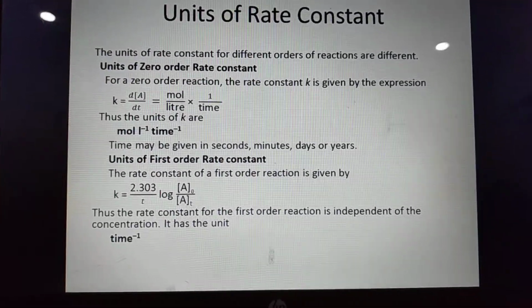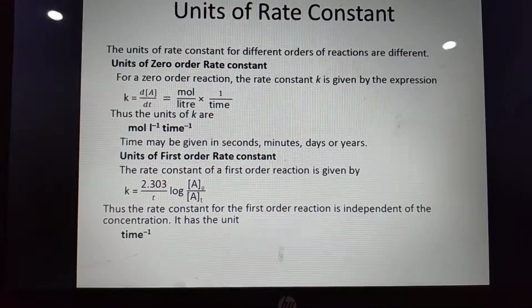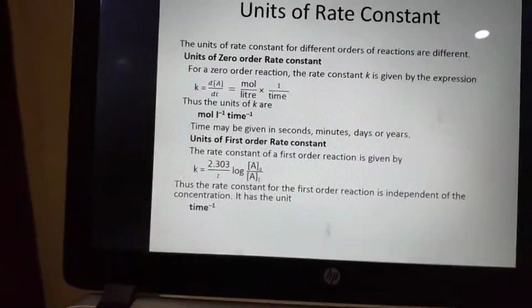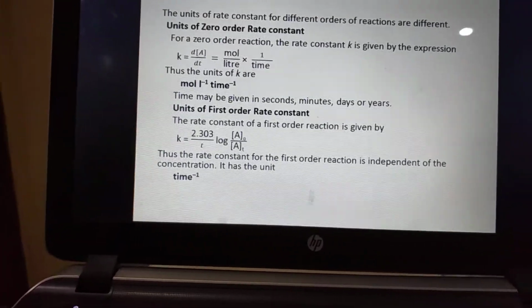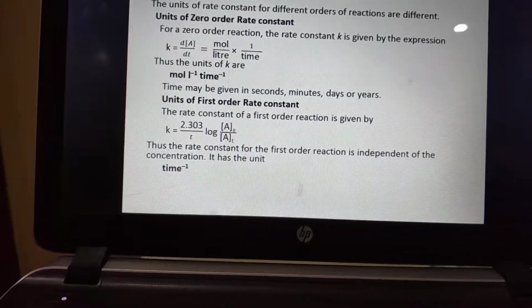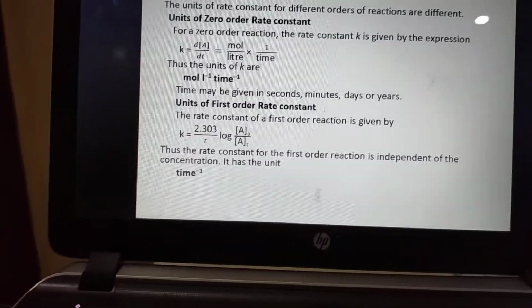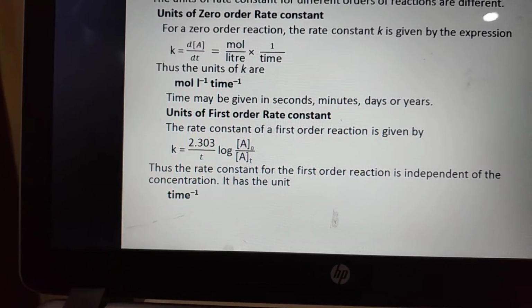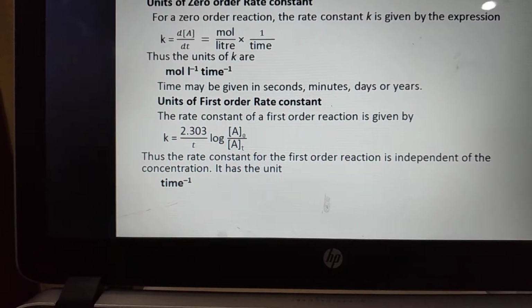For a zero order reaction, k is given by the expression k is equal to d of the molar concentration of A over dt, which is mole per liter for the initial A molar concentration multiplied by 1 over time. So thus the units of k are moles per liter per time. This time may be in seconds or minutes or days or years.